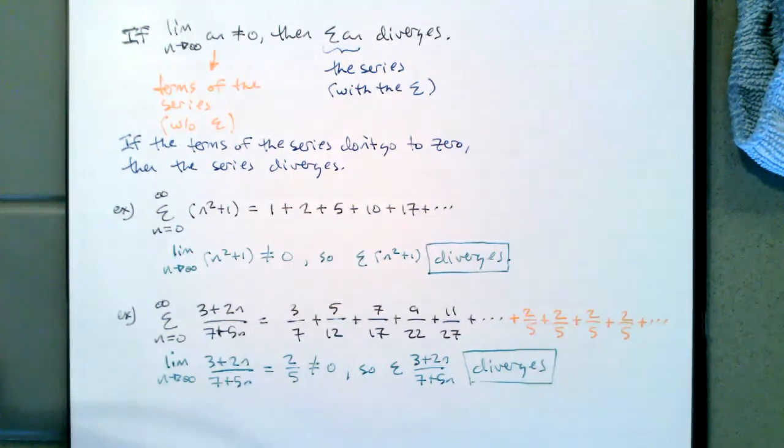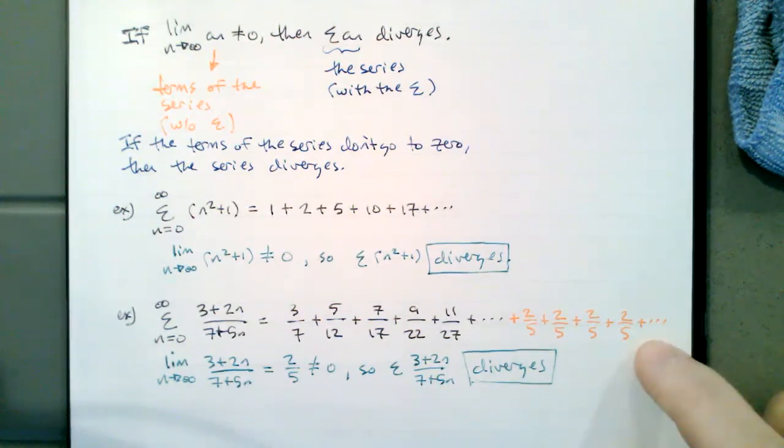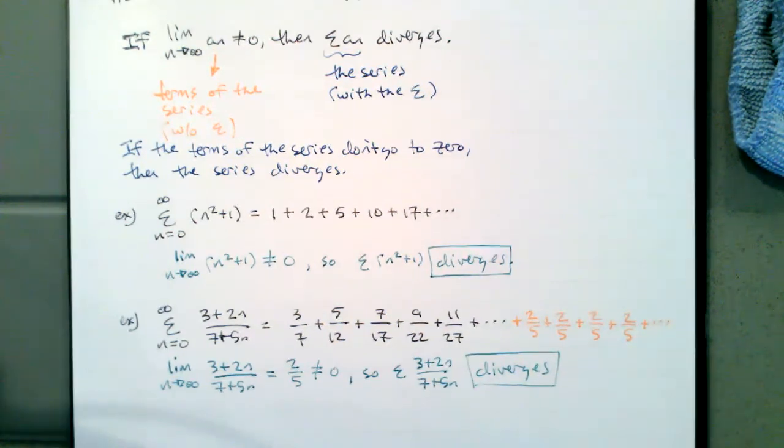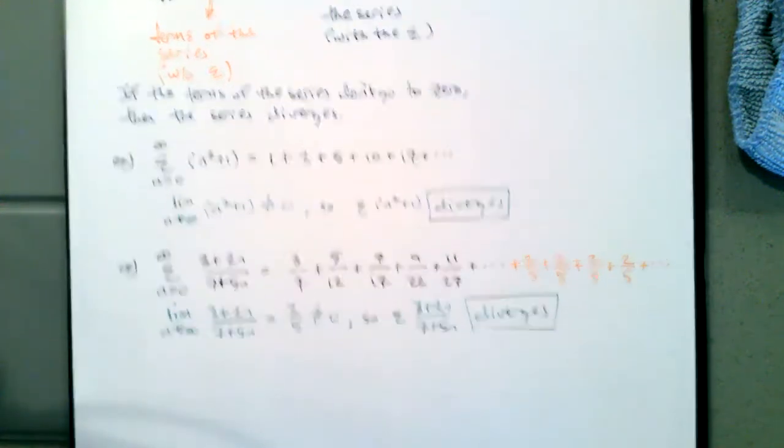If we think of it in terms of the sequence of partial sums, at this point we add another 2/5. Then the next term in the sequence of partial sums increases by 2/5. Then the next term increases by another 2/5. The sequence of partial sums could not converge in this scenario because we're not adding something that's close to 0.